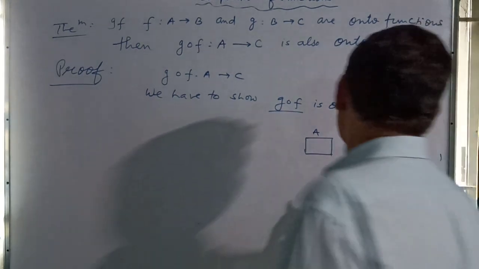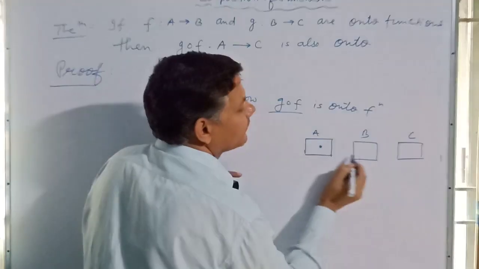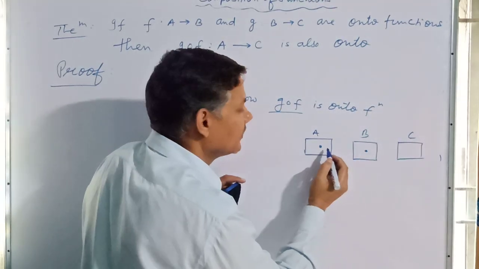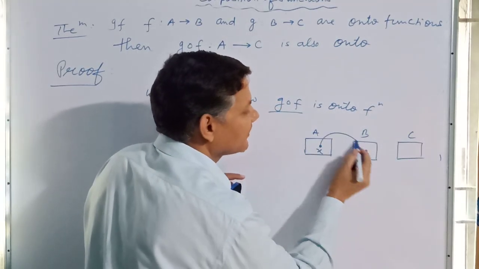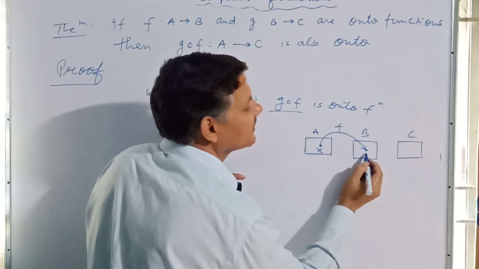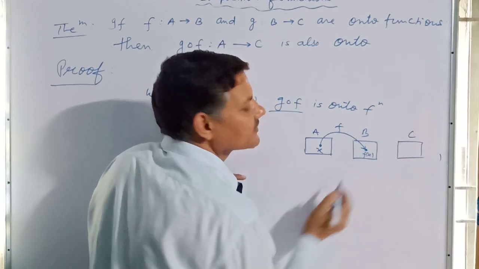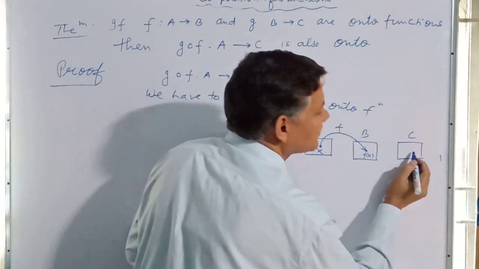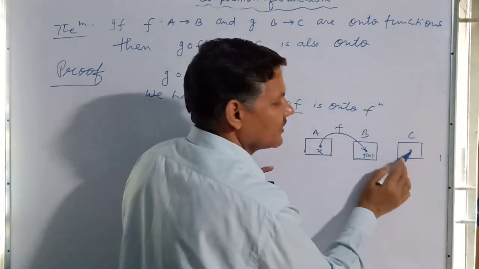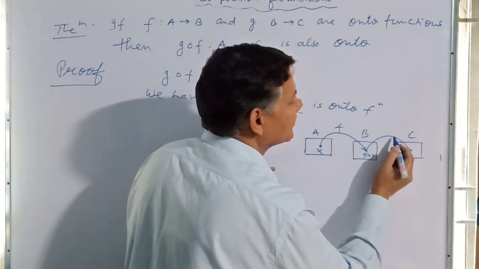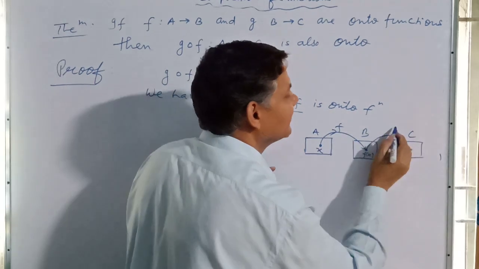Okay, now there is a function f which associates A to B. So if you take x and the function is f, then we get what? This is f x. Again there is a function which associates this element to this element, and the function is what? g.